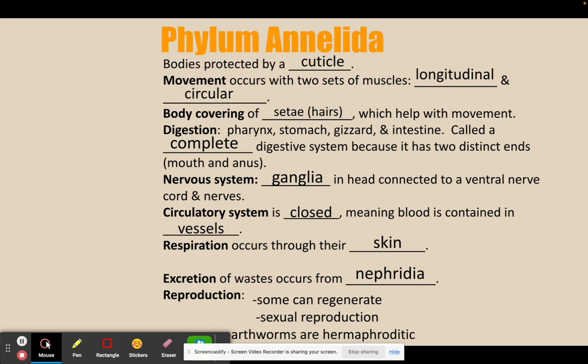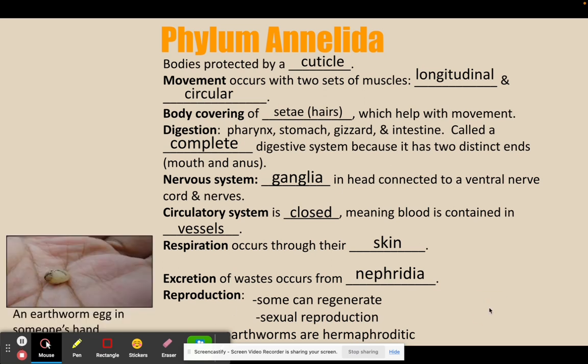So you're going to need two worms to create offspring. Speaking of earthworms specifically, they are hermaphroditic. Every earthworm has female and male reproductive parts, so two earthworms can make new earthworms. It doesn't matter if it's one gender or not, because they have both.